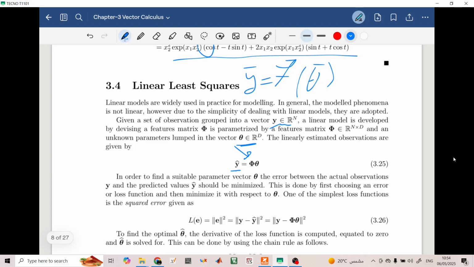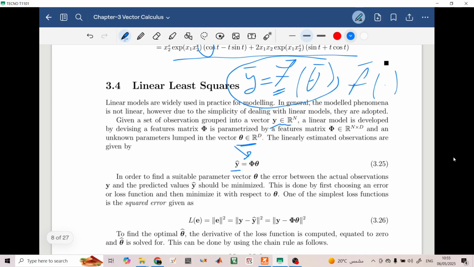Now we have two cases. Either that this function is very complicated, or we don't really know it. So what is the option here? What can we do? Usually what they do in engineering, they replace this complicated function, let's say f, by a simple function. Usually what is the simplest function that we know? It's a linear function.